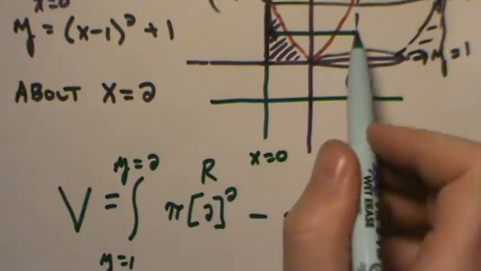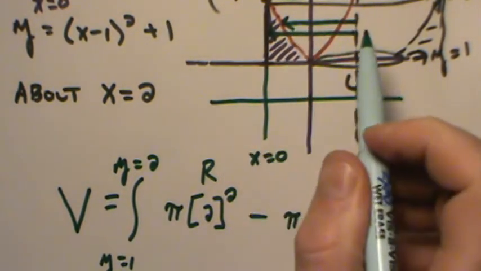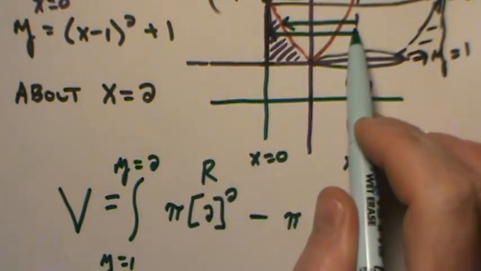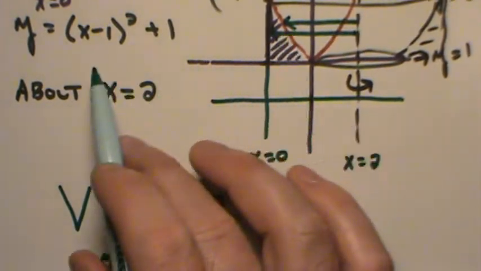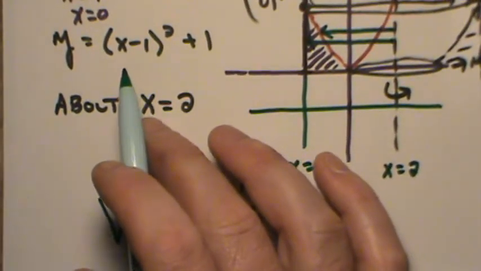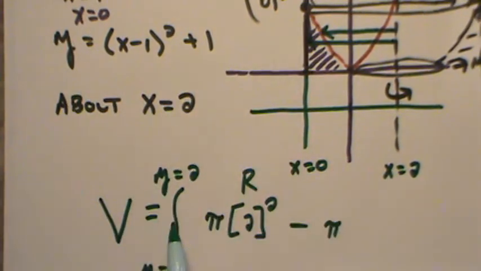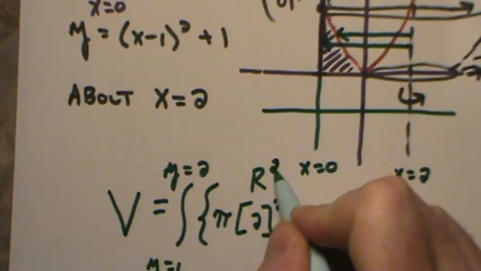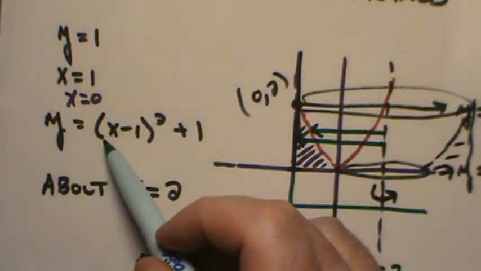Minus pi times the smaller radius, which would be the distance from here to there. And I always want to do my right minus left. So in this case, it would be 2 minus that curve. But this curve is still in terms of x. It hasn't been solved for x. I need it in terms of y because of these right here. And so what I'm going to do is solve this for x.